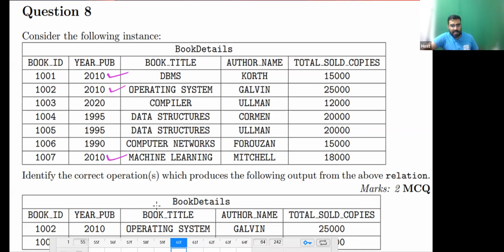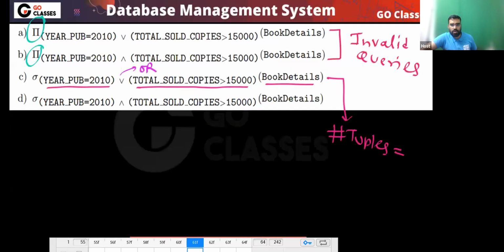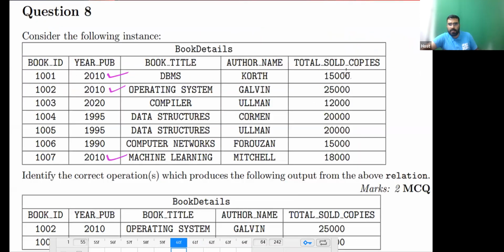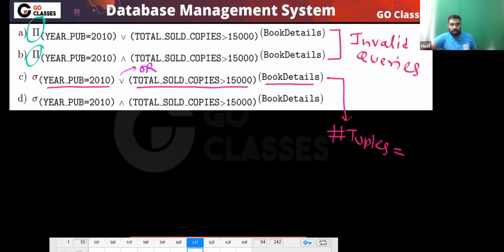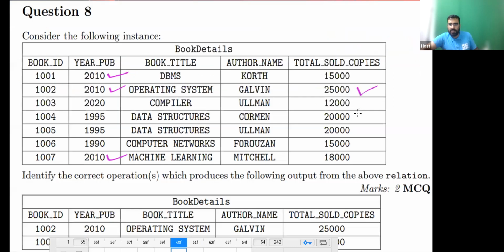So at least 3 tuples you will get, right? Or the sold copies is more than 15,000: this tuple, this tuple, this tuple, this tuple you will get. So finally total how many tuples are you getting? 1, 2, 3, 4, 5. Total 5 tuples you are getting, right?